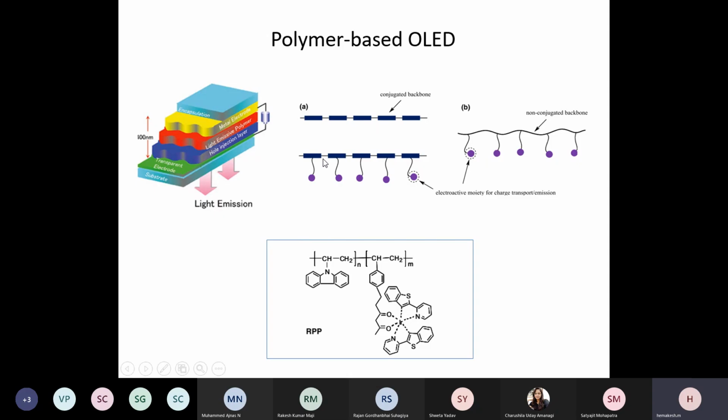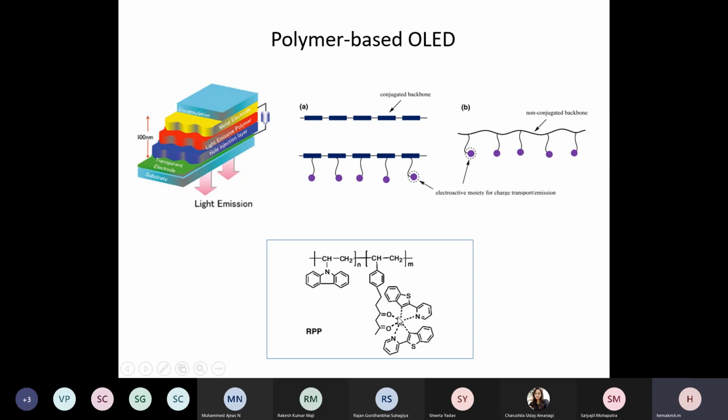You can have conjugated polymers with pendant groups, like these kind of groups that can also be used in conjunction with the conjugated systems. So there are many complicated designs made out of polymers, but we'll only look at the conjugated backbone design in a minute, because that was the earlier research done in this field.